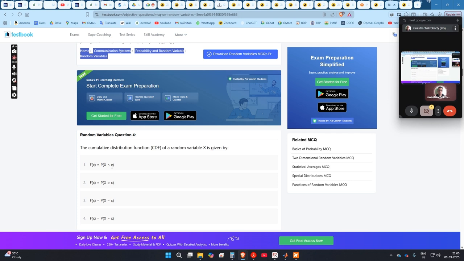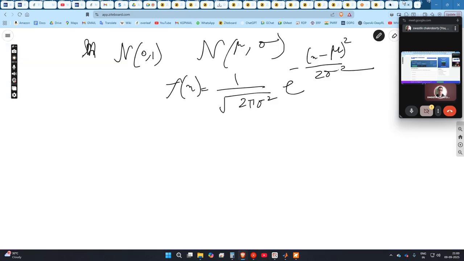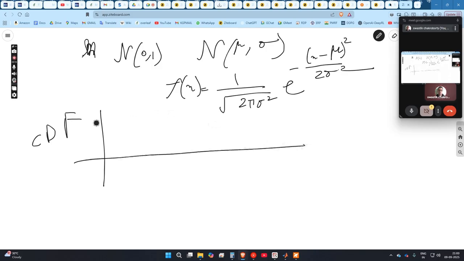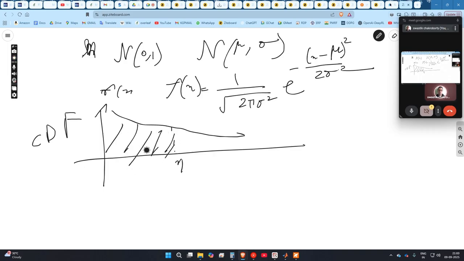The cumulative distribution means the distribution of x up to that variable value. So CDF basically gives, like if you have a distribution like this, up to x, like this is the f(x), then CDF is basically this area up to x. So all the probabilities that are happening up to x.